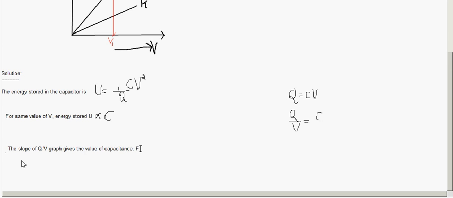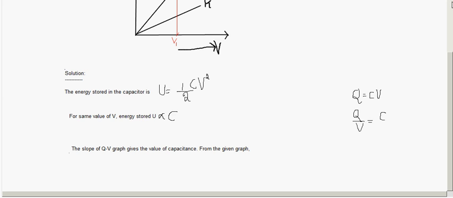From the given graph, it is very clear that the slope is greater for L. So CL is greater than CK, because the slope is higher for the capacitor L. CL is greater than CK, and therefore it is very clear UL is greater than UK.